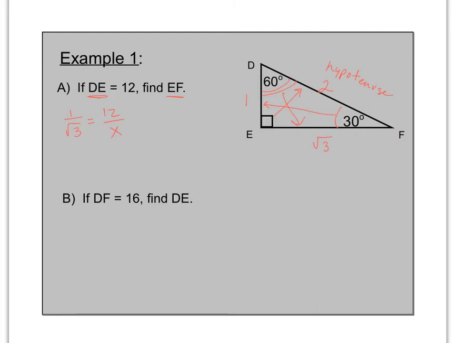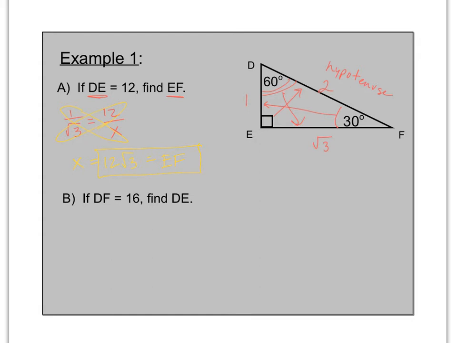So similar to our lesson on 45, 45, 90 triangles, we can set up a proportion and we can cross multiply. And so in this case, when we cross multiply, we're going to multiply 1 times x and 12 times root 3. And so we wind up with 1 times x is x and 12 times root 3 is 12 root 3. So EF equals 12 root 3.